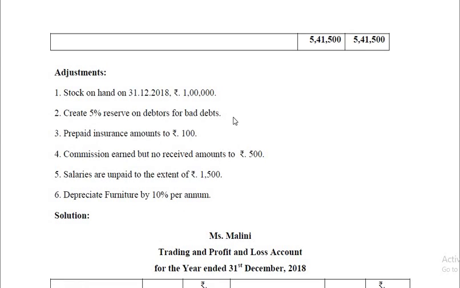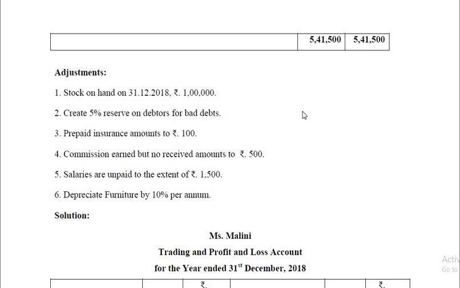So from the sundry debtors, you have to create 5% reserve for bad and doubtful debts. And in the profit and loss account, you have to take bad debts given in the trial balance, add new reserve created, 5% on debtors. From the total, you have to deduct old reserve for bad and doubtful debts. Here, no old reserve is given.